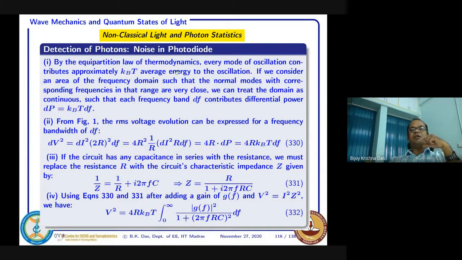By the equipartition law of thermodynamics, you know thermodynamics, gas. I think if you have studied some statistical mechanics in physics courses in undergraduate first year, you will know the gas molecules.